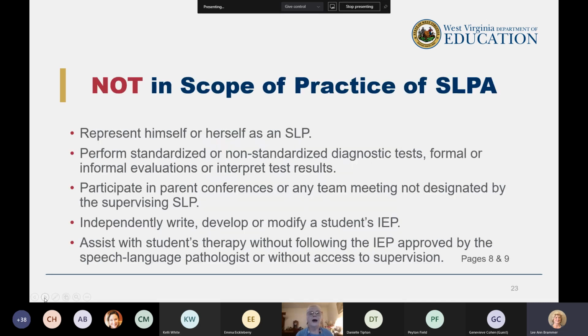Okay, so, I hate to talk about the things that you can't do, but the things that are not in your scope of practice as an SLPA are to represent yourself as a speech-language pathologist, perform standardized or non-standardized diagnostic tests, participate in conferences without the SLP designating that, or independently write or modify the student's IEP.